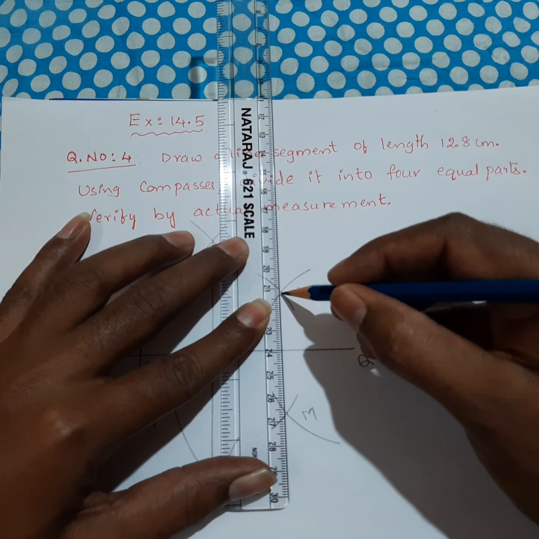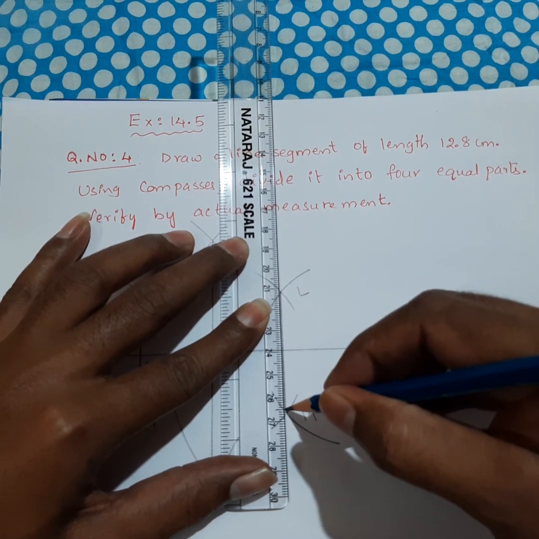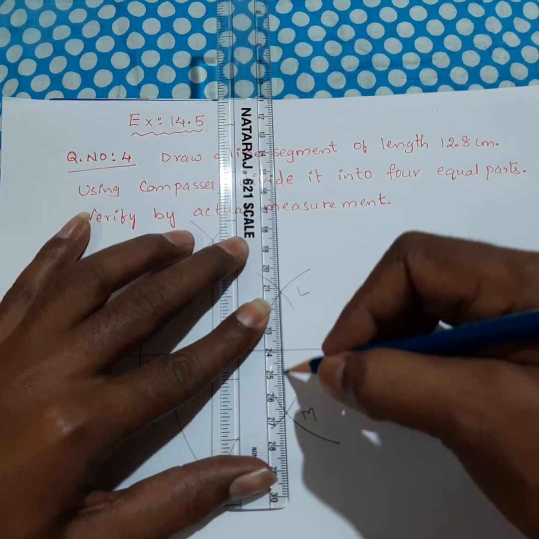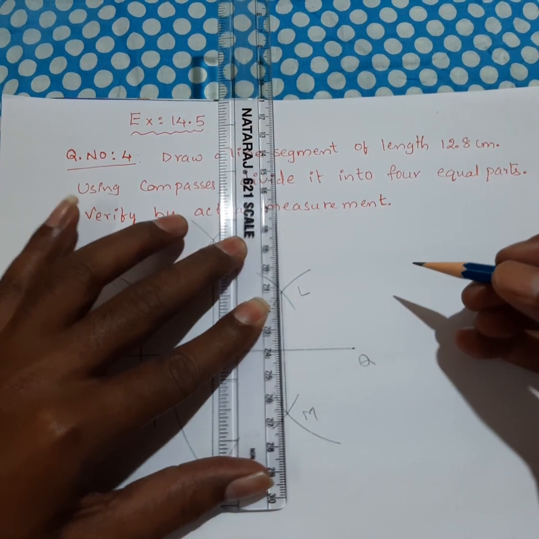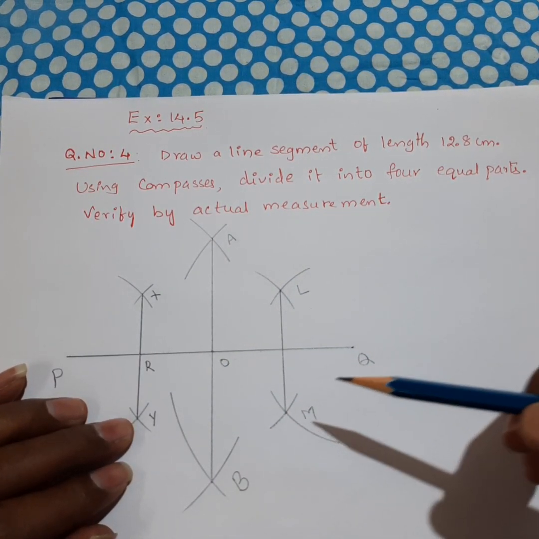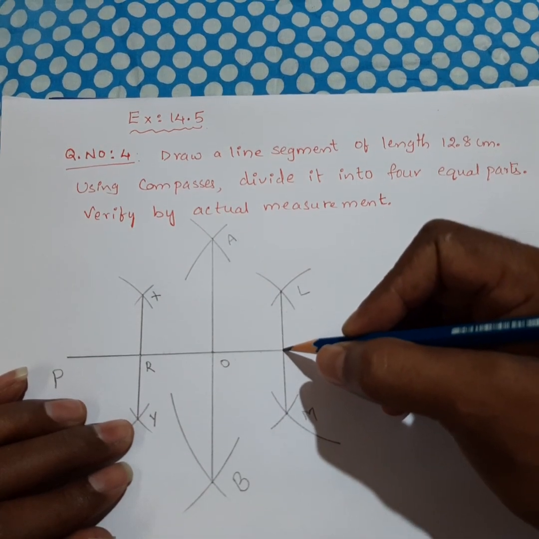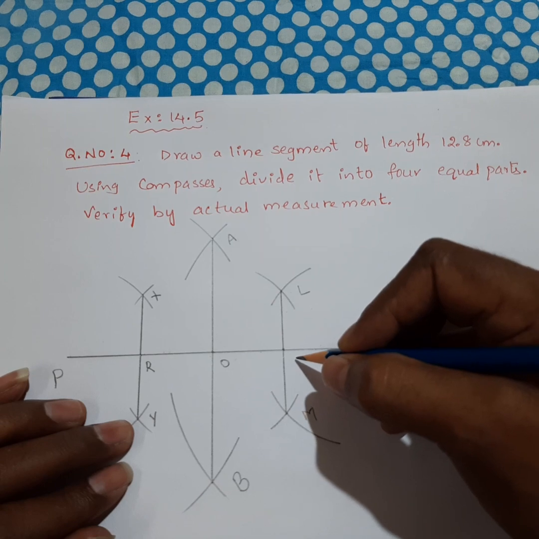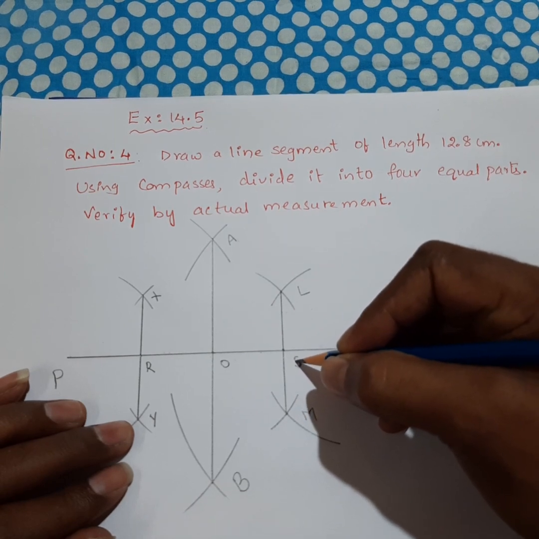Right? So now join LM. Is this clear, children? Now LM will also intersect OQ at one point. I am going to take that as S.